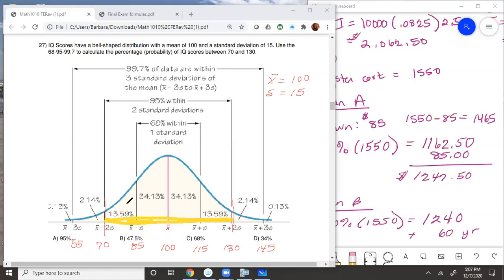That means we need to add up all of these percents here. And actually, it's already up here. It's 95%, we already know, because these scores are within 2 standard deviations from the mean. So 95% of the scores are between 70 and 130.